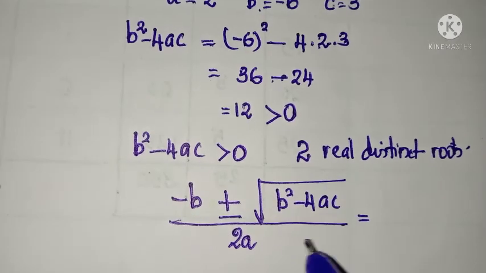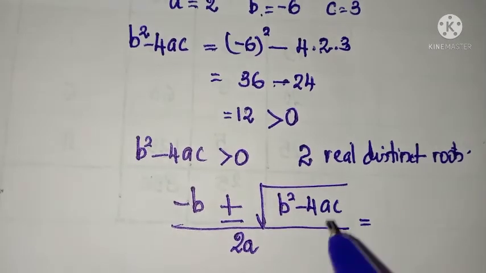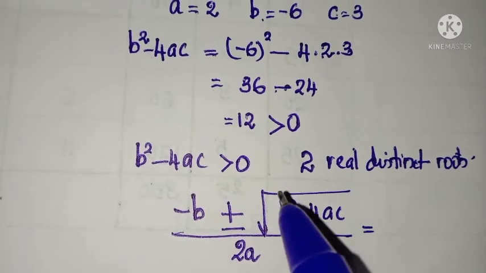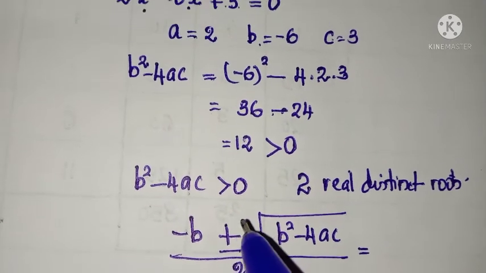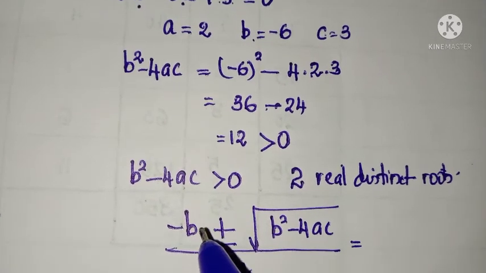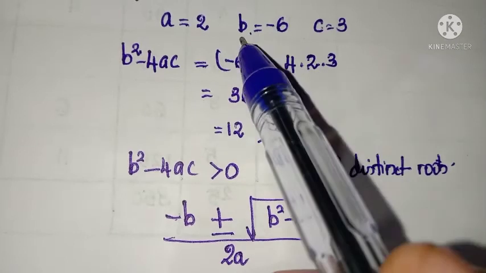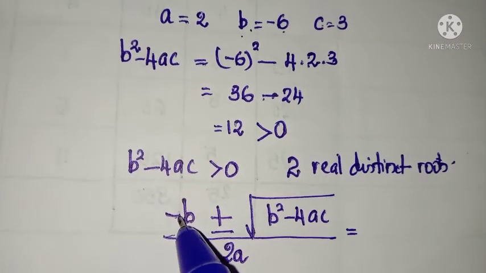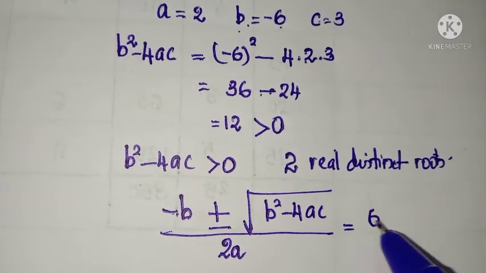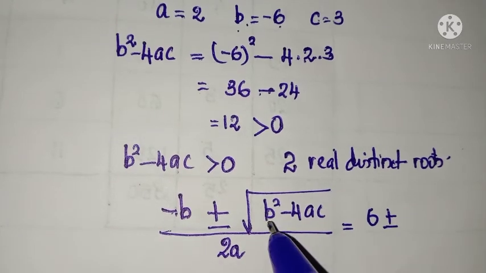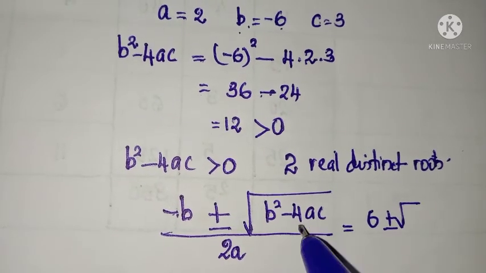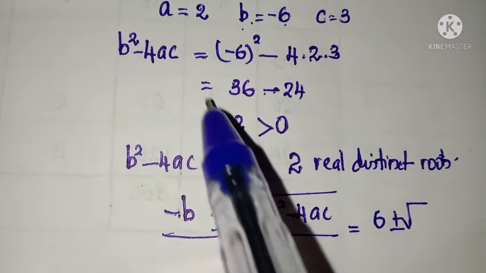We know how to use the quadratic formula to obtain the roots. So put all the values here. Minus b. b is minus 6. So what is minus b? It is 6. Plus or minus root of b square minus 4ac.